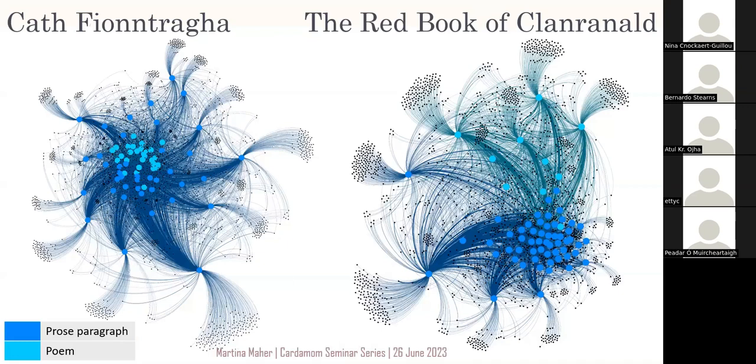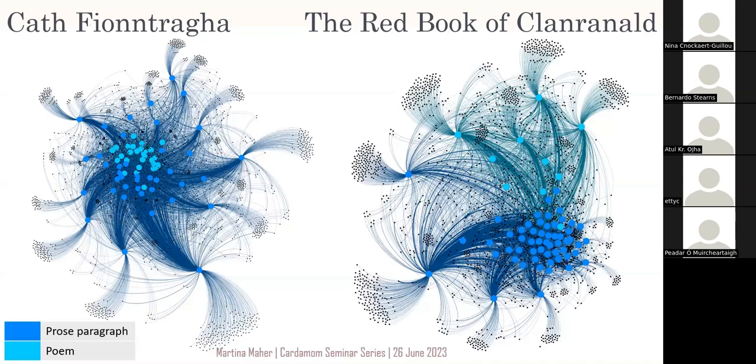So many of the poems in the Red Book, in contrast, are compositions in their own right, with their own distinctive arguments and perspective, relating a specific incident in greater detail than what we would find in the prose.